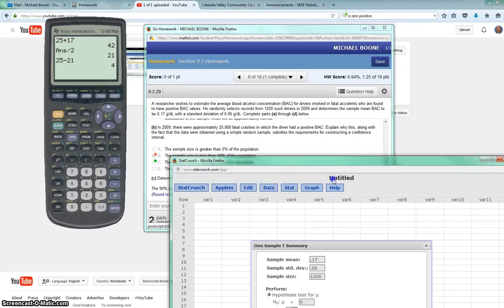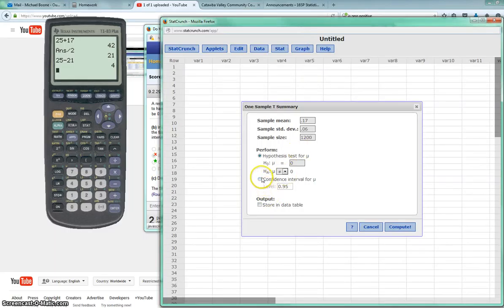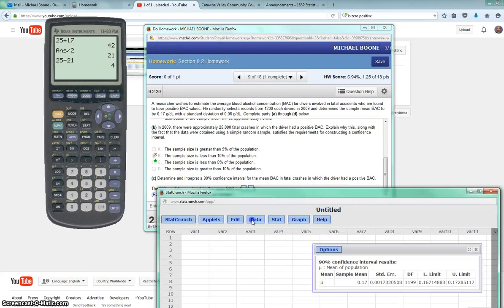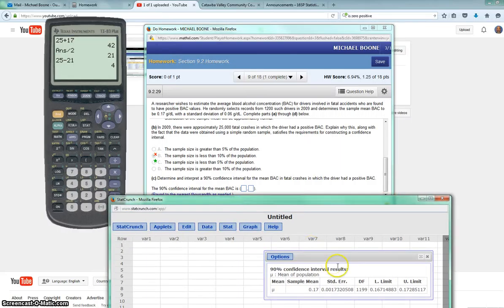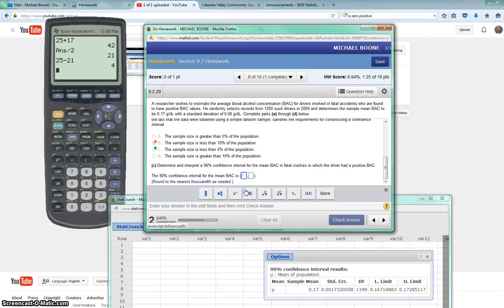The confidence interval that they're looking for is a 90% confidence interval. So a 90%. And we're going to get that lower limit and upper limit. So if we're going to 3 decimal places, I get 0.167 and 0.173.